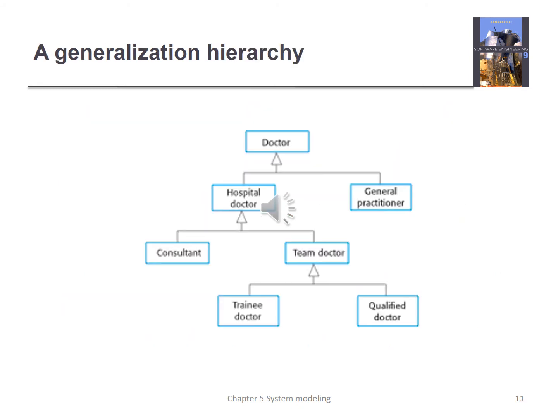If we look at this example, a generalization hierarchy for doctors. All the doctors in a hospital, we call them doctor. But the doctor could be a hospital doctor or a general practitioner. The hospital doctor could be a consultant or a team doctor.